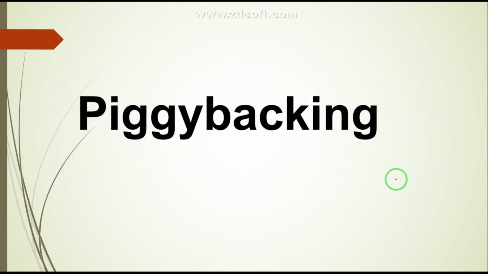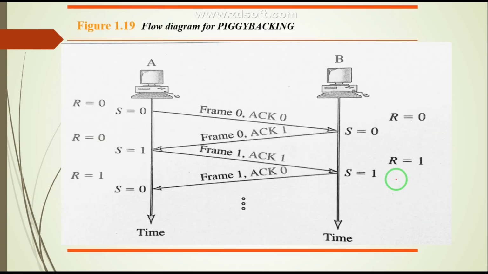Now, the last topic of today's lecture is piggybacking. Now, what is piggybacking, guys? Basically, it is a method to combine a data frame with an acknowledgement. For example, now you can see station A and station B both have data to send.